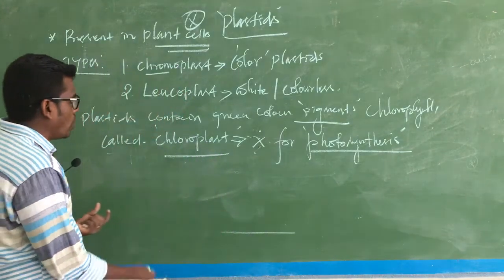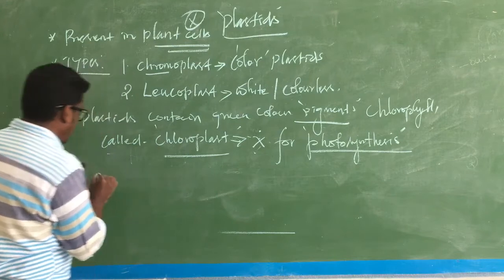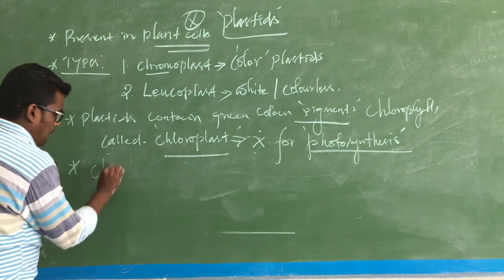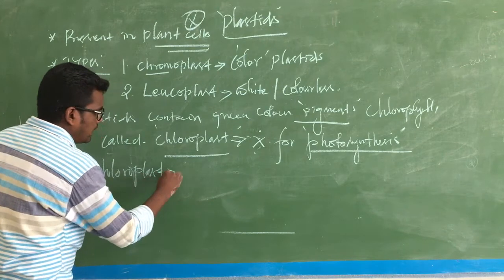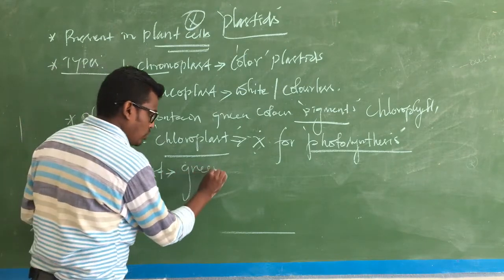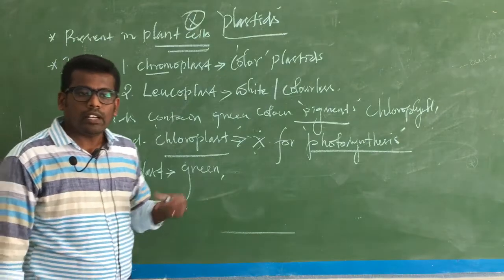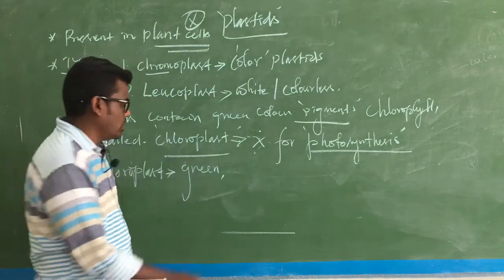Does the chloroplast contain only green pigments? No, the chloroplast also contains other colors.